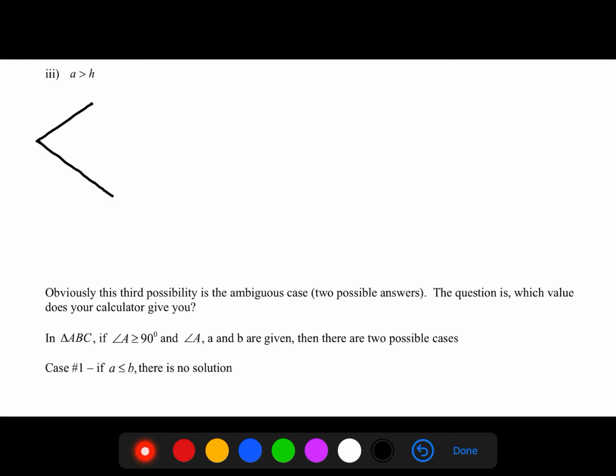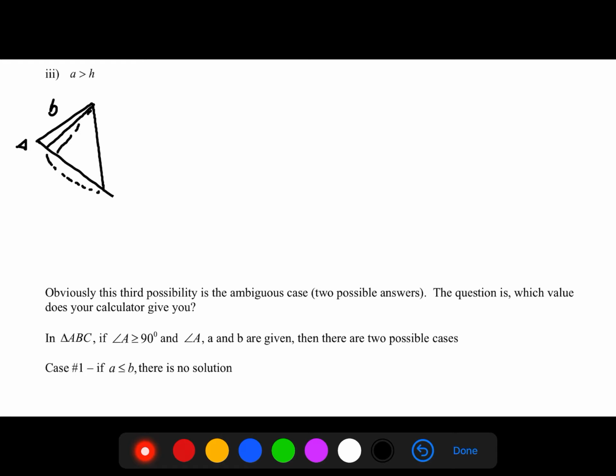In the third case, if a is greater than the height, again with the same size angle and same size side, we're going to have one triangle in here.